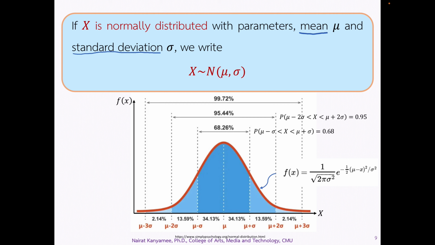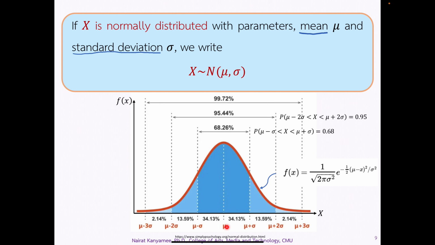Now let's look at the bell-shaped curve. If X is normally distributed, we will have a bell curve like this, and in the middle are the mean, median, and mode. So mu is here in the middle.